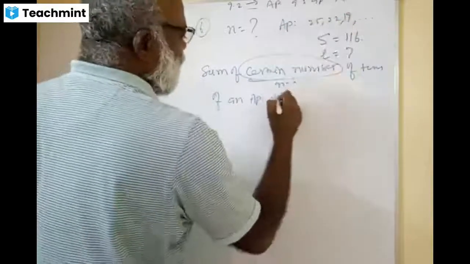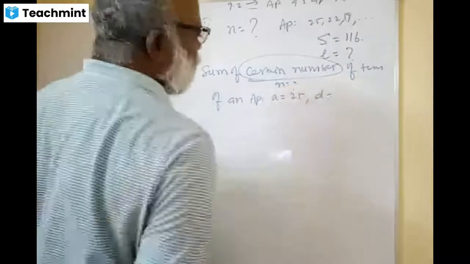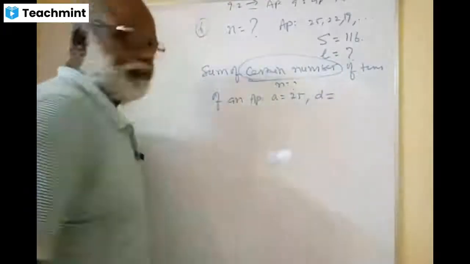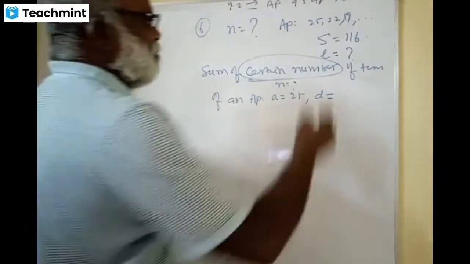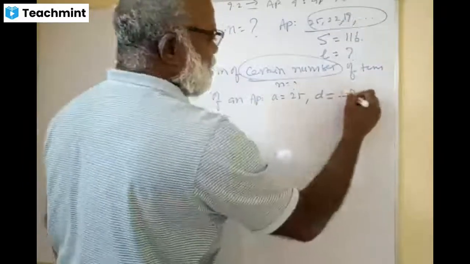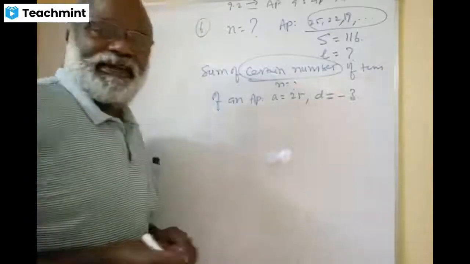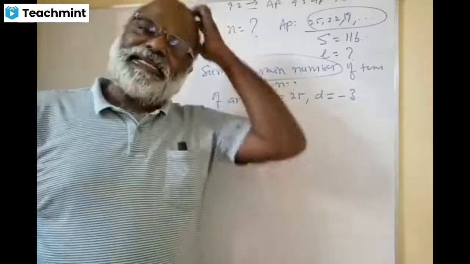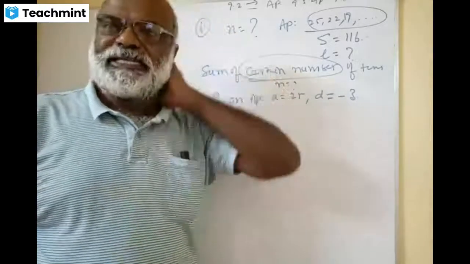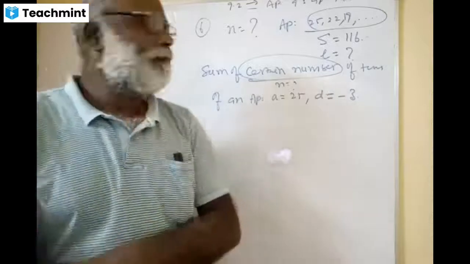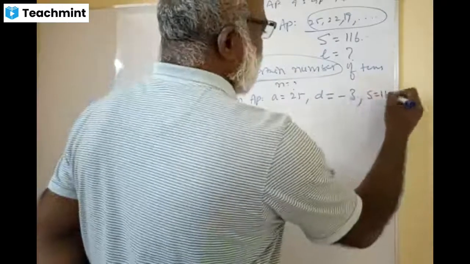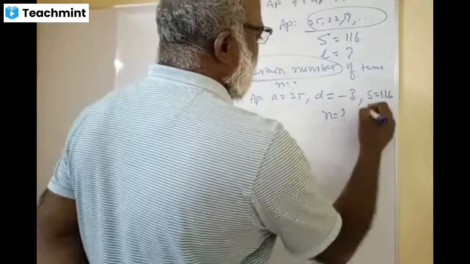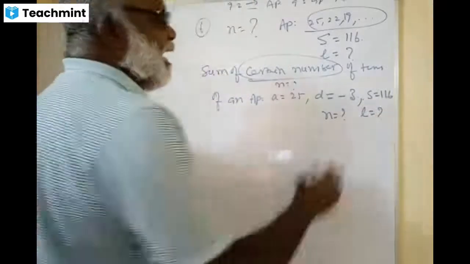This is the AP: A equals 25 and D equals what? What is D? Minus 3, sir. Minus 3. Brilliant answer, because decreasing sequences will have a negative common difference, and increasing sequences will have a positive common difference. Yes or no? Yes, sir. And the sum is given as 116. Therefore, you have to find out n as well as the last term, an, my dears. Do you agree? An, correct?